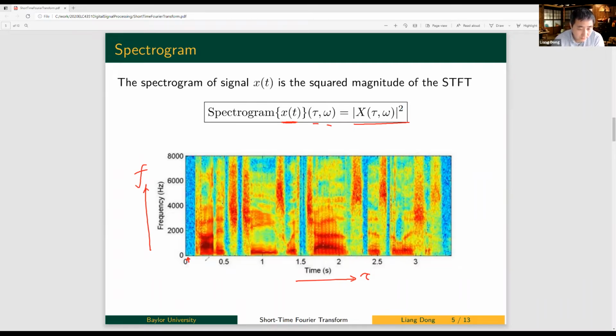And then if you look at the time about 0.25, we have some hot color here. If you just look at this slice in this shifting tau, we got some low frequency component, especially we have some hot color right here. And then we got a few here and here, maybe nothing is here.